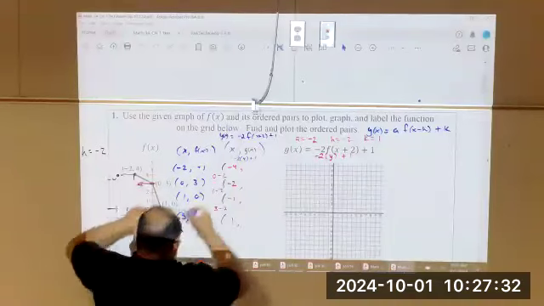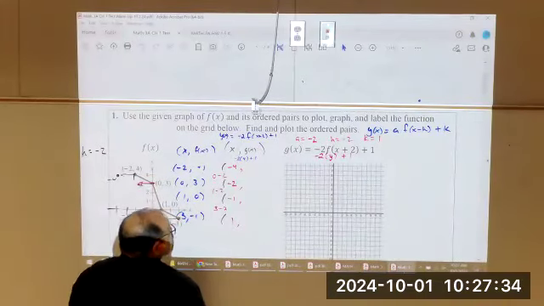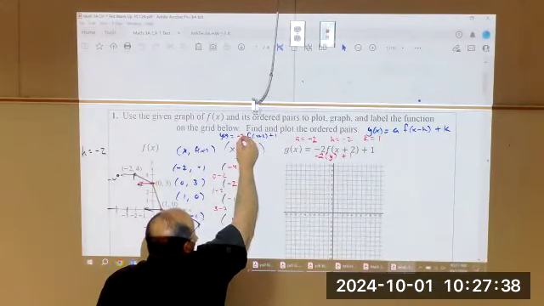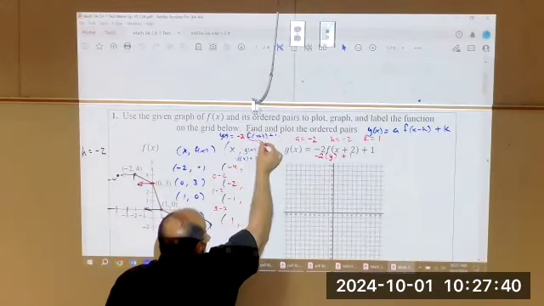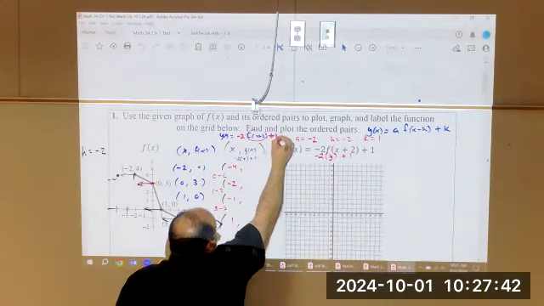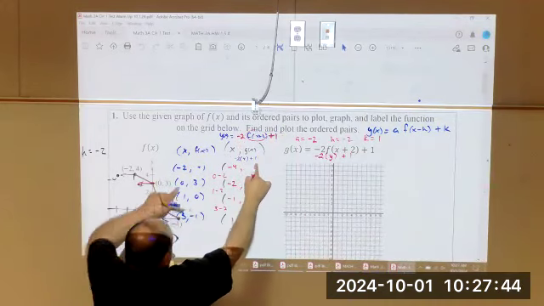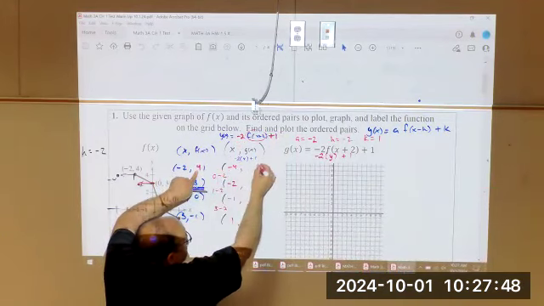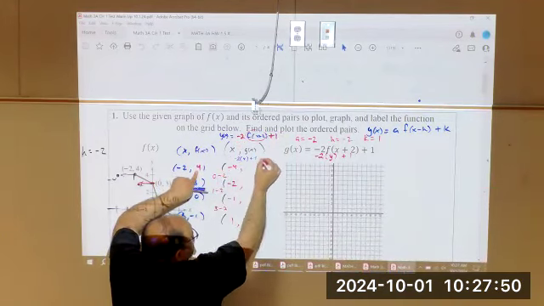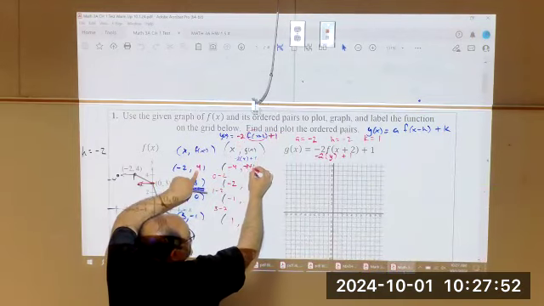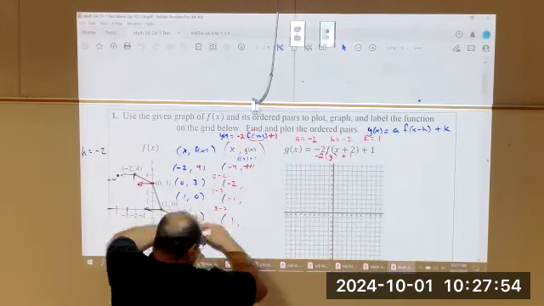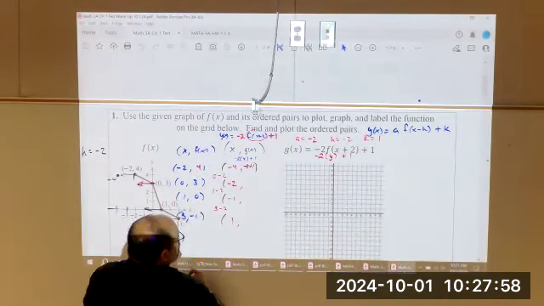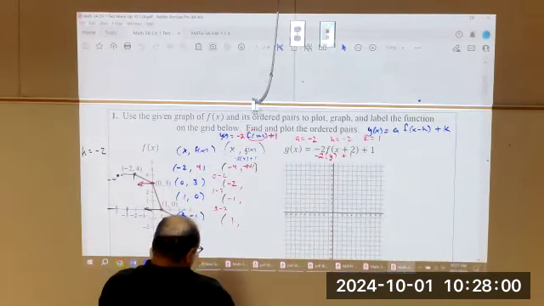So you're going to do negative 2 times the y value, and then add 1 to it. The y value is 4, so we get negative 8 plus 1. And remember what I told you, that it was going to be negative 7. So we're going to get negative 4, negative 7.